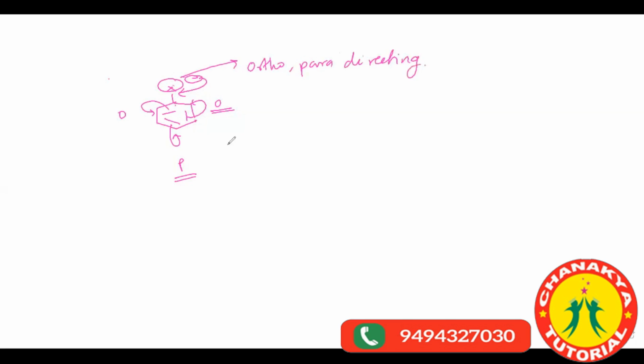And one more thing you have to keep in mind: among the ortho and para positions, para product would be the major product. The reason behind it is that the para product is symmetric. Suppose in one of the products I have added one more halogen, dihalogenation I have done.